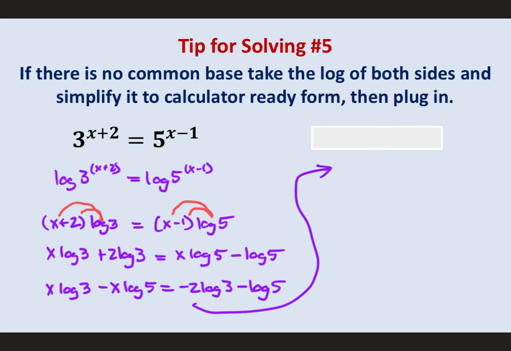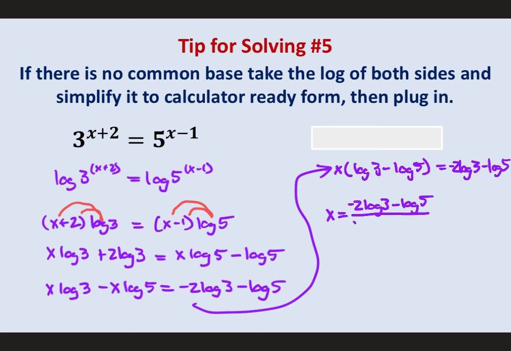So I will get x times log 3 minus log 5 equals negative 2 log 3 minus log 5. Nothing changed over there. And then last, I'm getting the x by itself. I'm going to divide that over. So I'll get x equals negative 2 log 3 minus log 5 over log 3 minus log 5.